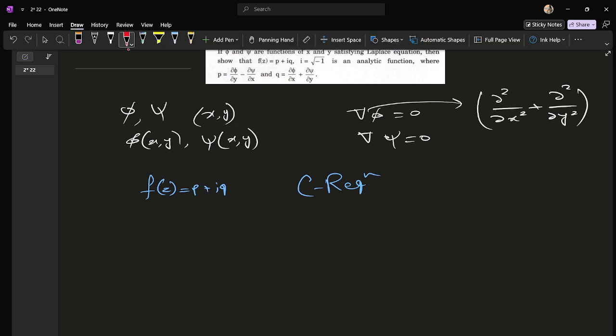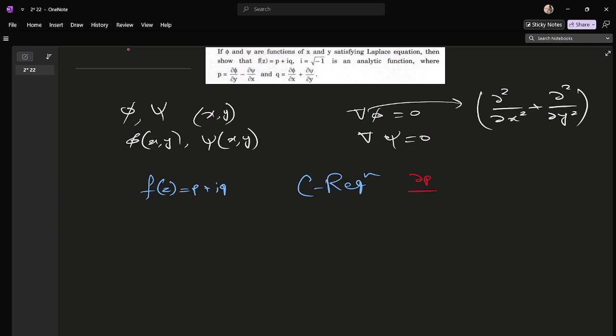And what is it? It is del p by del x equals del q by del y, and del p by del y equals minus del q by del x. To be analytic, this condition will always be satisfied by the given function. You have to remember this.